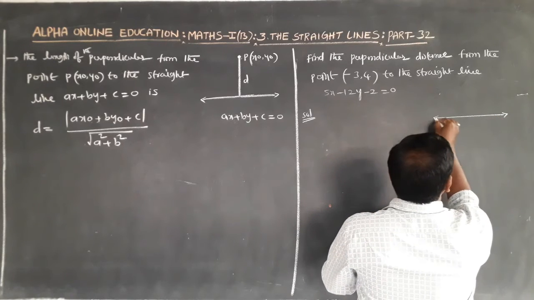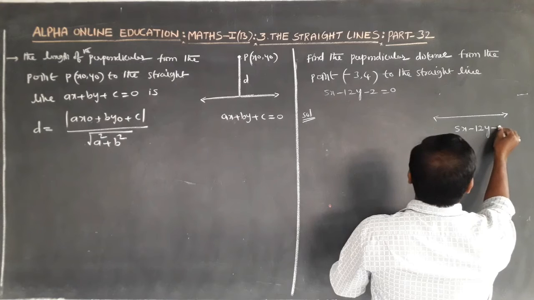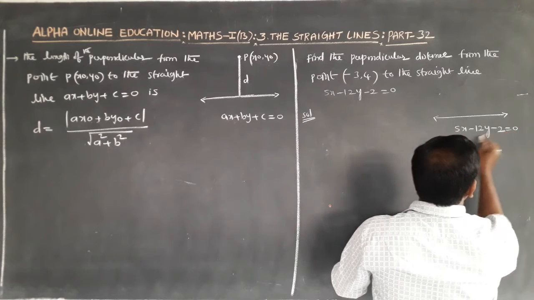This is the equation of the straight line, 5x minus 12y minus 2 equal to 0.